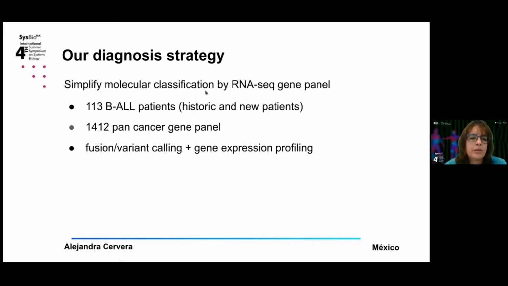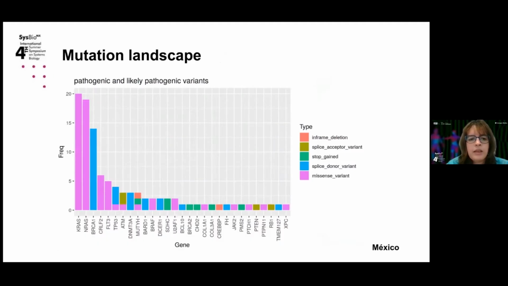For our project, what we have right now is 113 samples, both from historic and new patients. The gene panel consists of around 1,400 genes. And what we have been doing is fusion and variant calling, plus gene expression profiling of certain genes, because we don't have whole transcriptome for these patients.